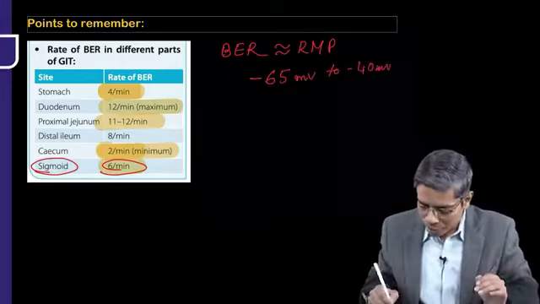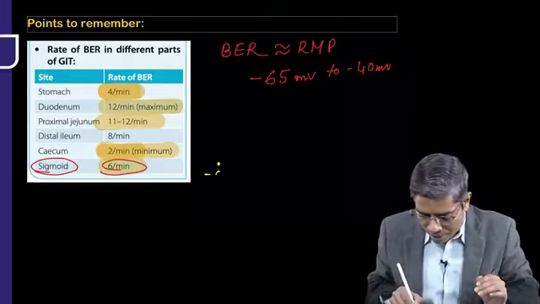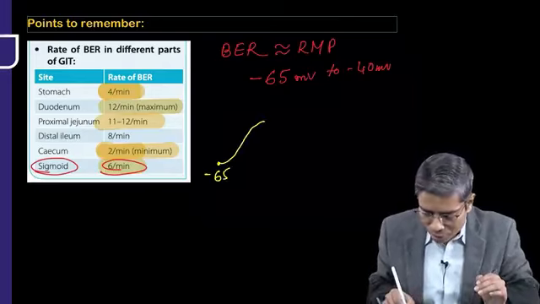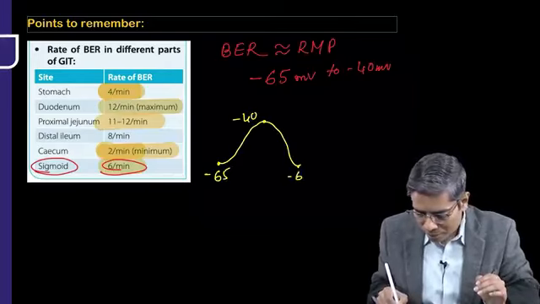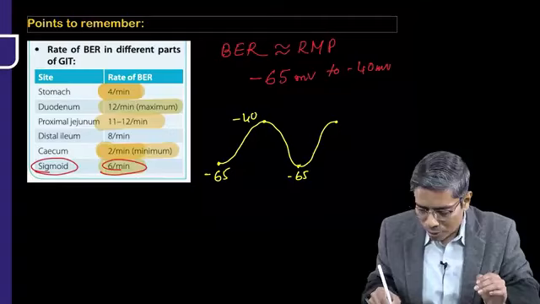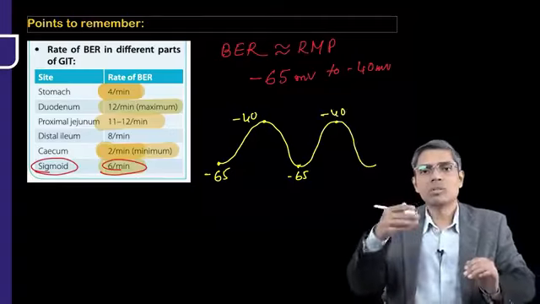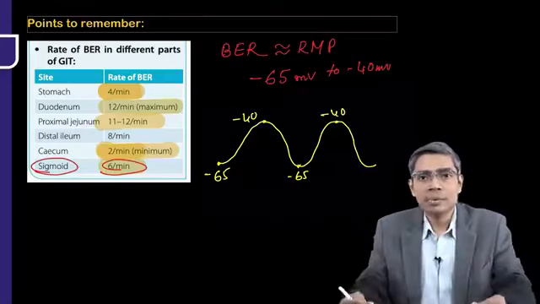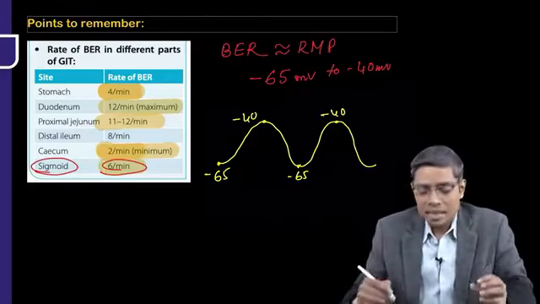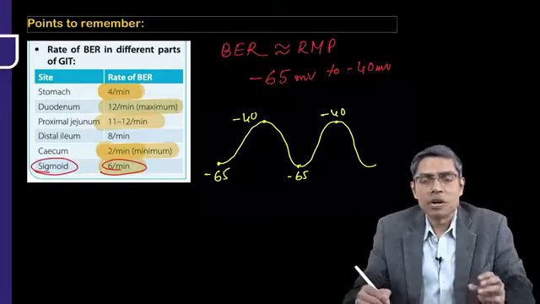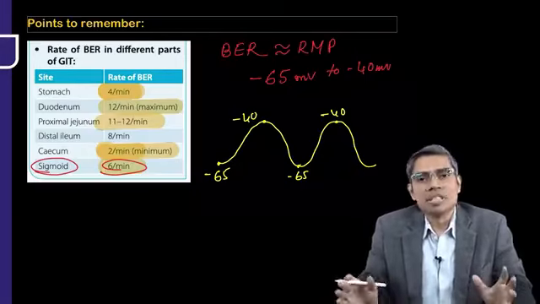The membrane voltage will drop down to minus 65 millivolt. Again, the membrane voltage will move to minus 40 millivolt. Again, it will drop down to minus 65 or minus 60 millivolt. Again, it will move to minus 40 millivolt. So this way, a rhythmic fluctuation of electrical voltage will continue in the smooth muscle of the GIT, and this rhythmic fluctuation of electrical activity is known as basic or basal electrical rhythm of GI smooth muscle.